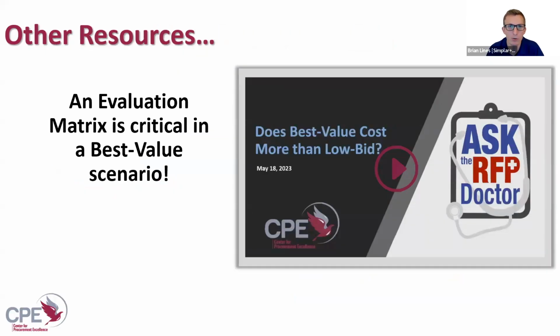We'll point you to more resources on best value related content, as we did have that session about a year ago, where we looked at some data on whether best value actually costs you more than low bid, and found that best value actually gets better performance results. We all know the issues with low bid, that upfront price or promise may not be how things actually turn out, and sometimes we can get hoodwinked. So for more details on that, check out the prior recording on our CPE RFP Doctor website.